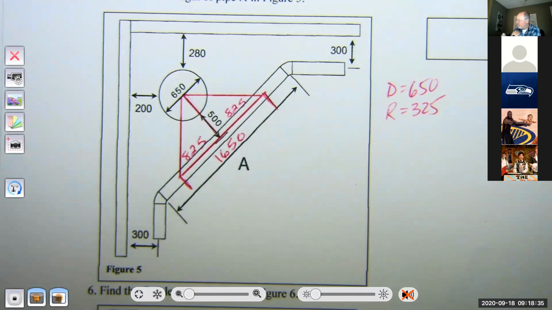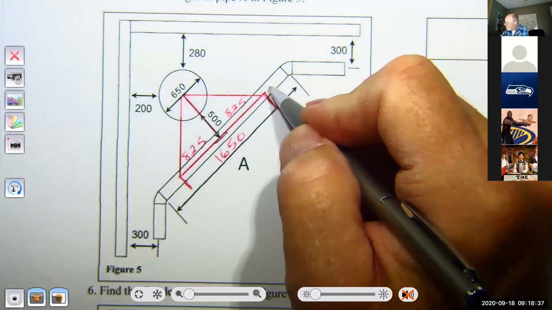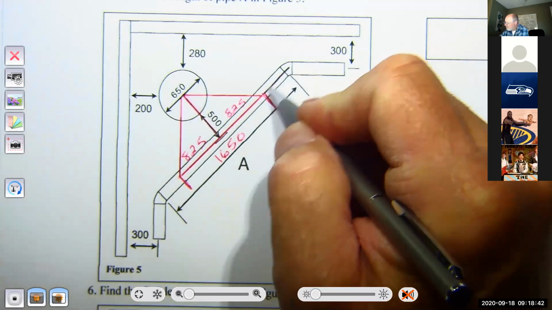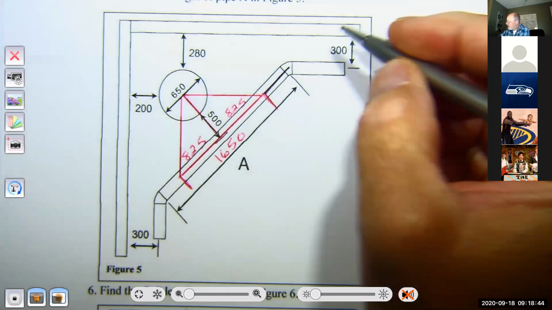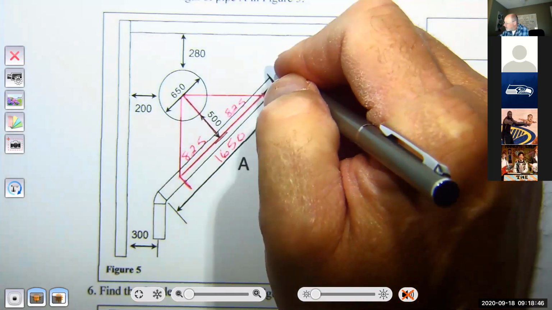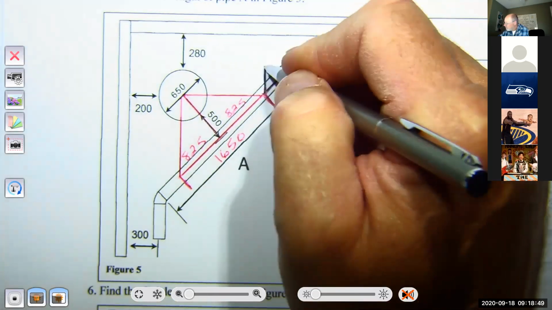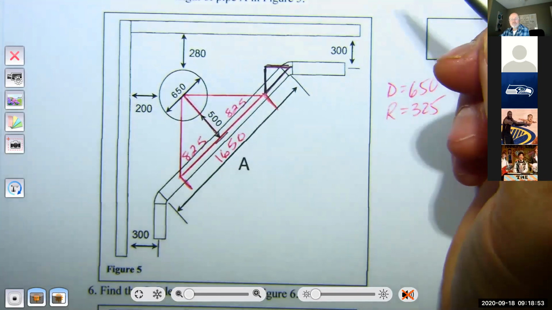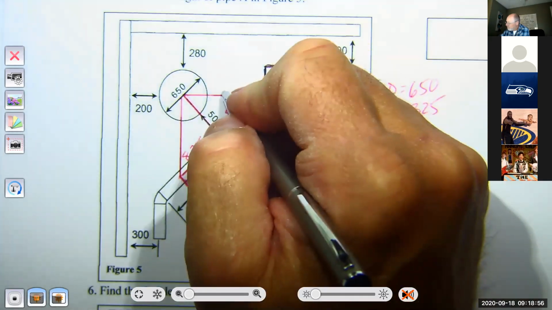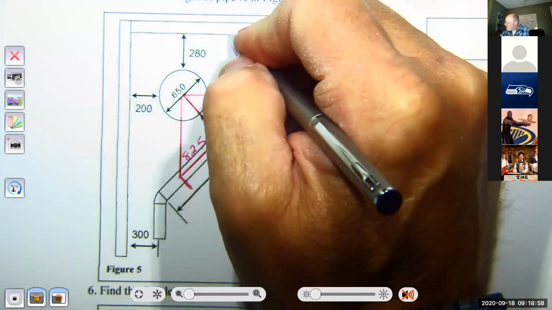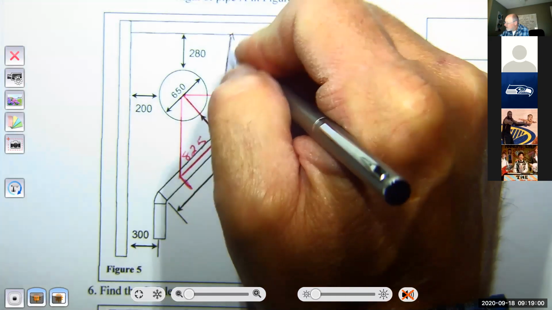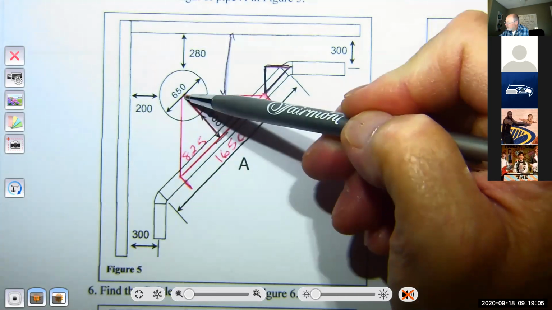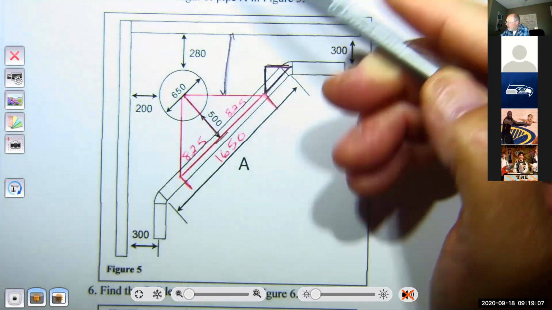The next step is to solve for this piece right here. And this is a travel that I'm going to solve for. And I will draw a right angle triangle. There's my little right angle triangle. I'm going to get the measurement from this line to the wall. I take half of the 650, 325 plus 280.